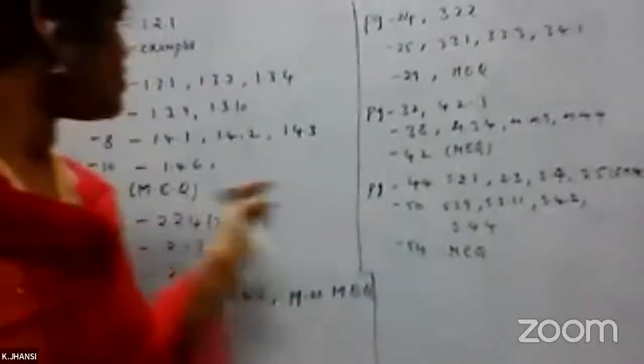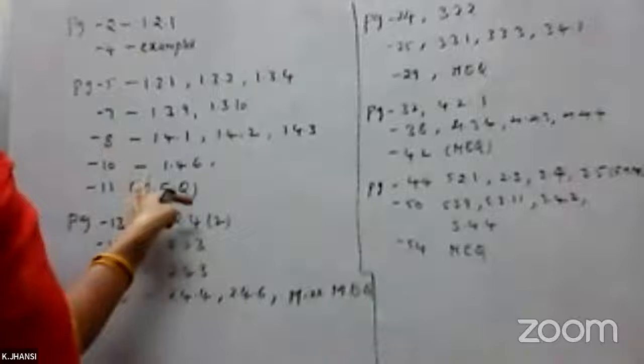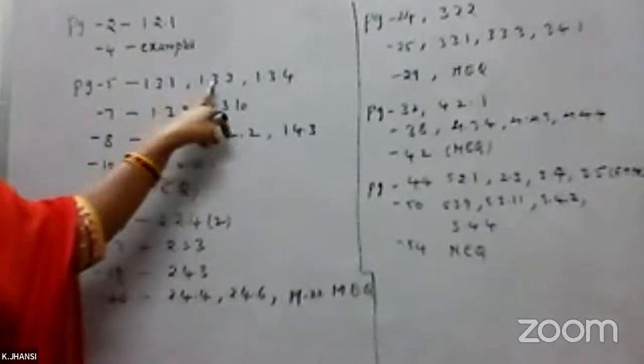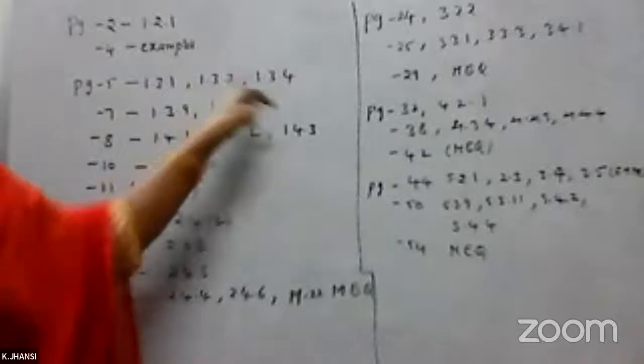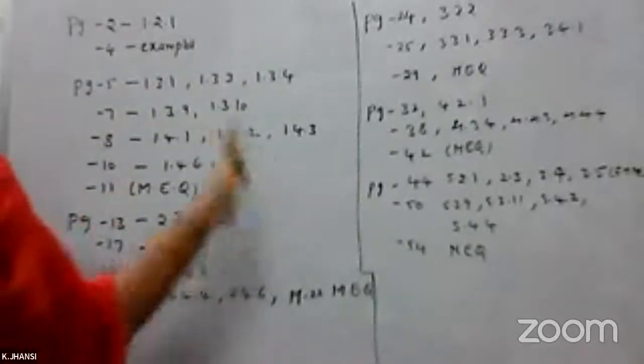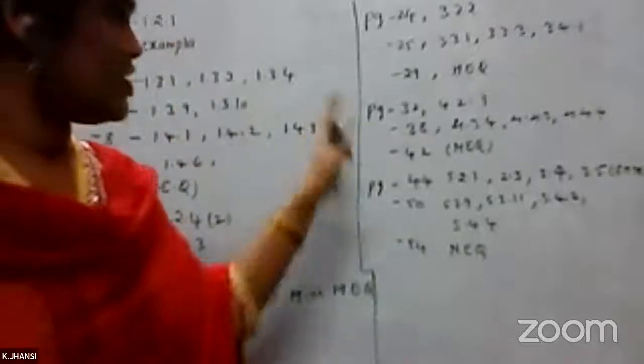If you have textbooks, try to tick all of these that I have given here. And page number 5, so 1.3.1, 1.3.3, 3.4, and here 9 and 10. These are unit wise, though I have not mentioned the unit, just the page numbers.